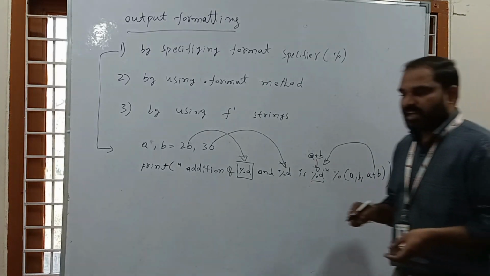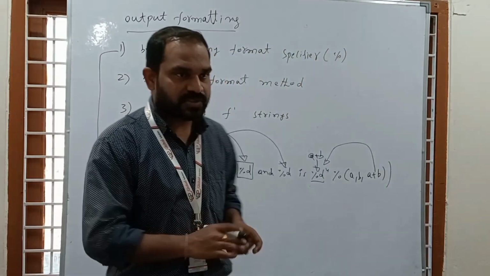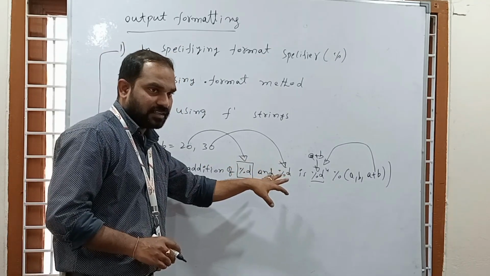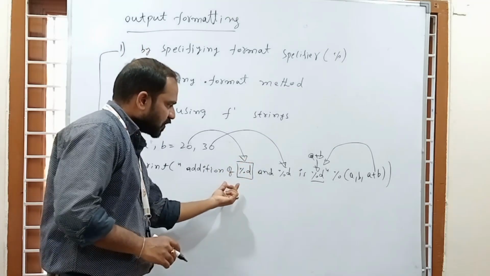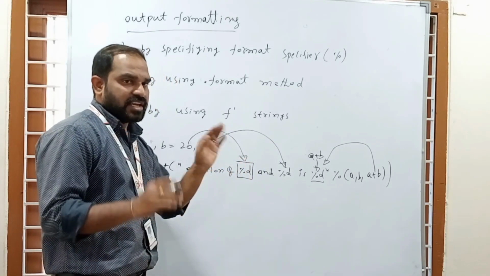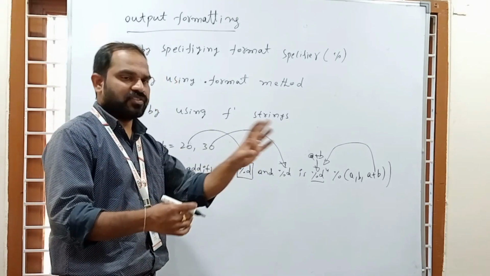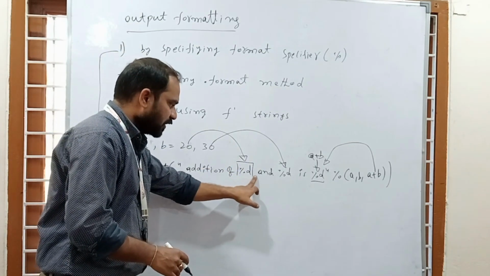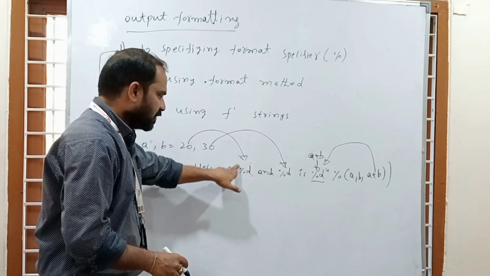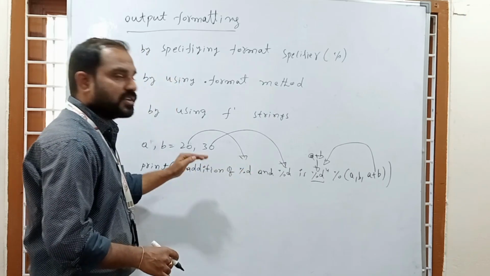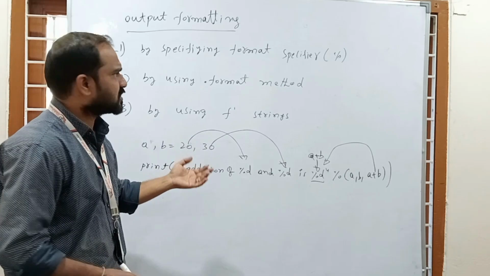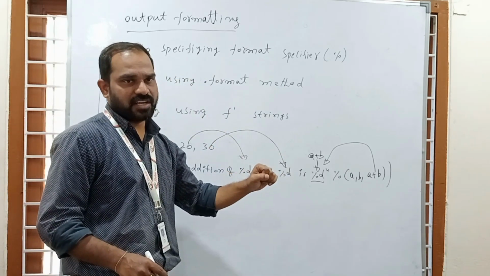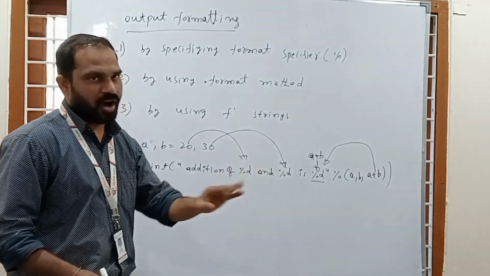It means that we can print integer values from the string. Here we are accessing the values inside the string. Actually, whatever you write inside the string will print as it is, but from the string I want to get the values and print them. This is what is called string formatting, or output formatting generally. So in how many ways can we format the output?